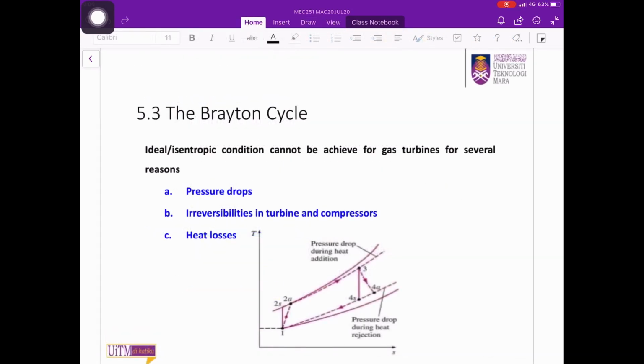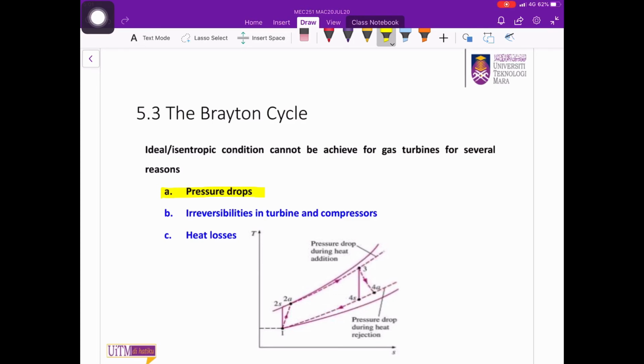Our discussion, as for now, only focuses on the ideal case, since we assume the processes through our compressor and turbine are isentropic. However, this ideal condition cannot be achieved in the actual operation of a gas turbine engine, since there will be pressure drops across the piping system and across the steady flow devices.